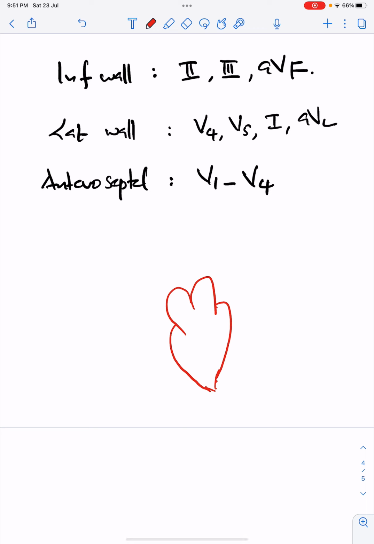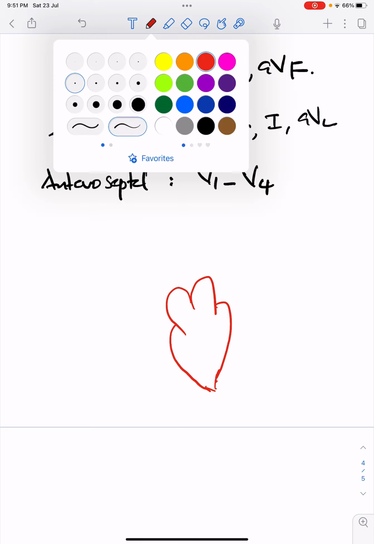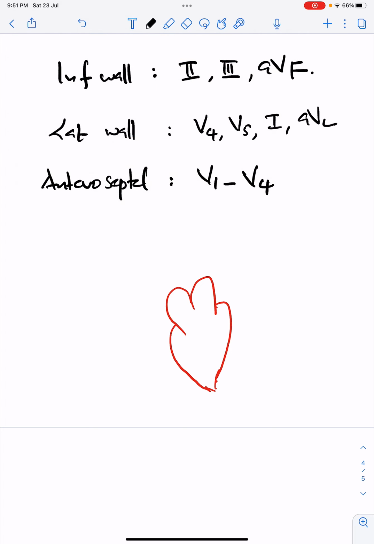Suppose this is the heart and the arrangement of leads will be like this. This is lead 1. This is lead 2. This is lead 3.